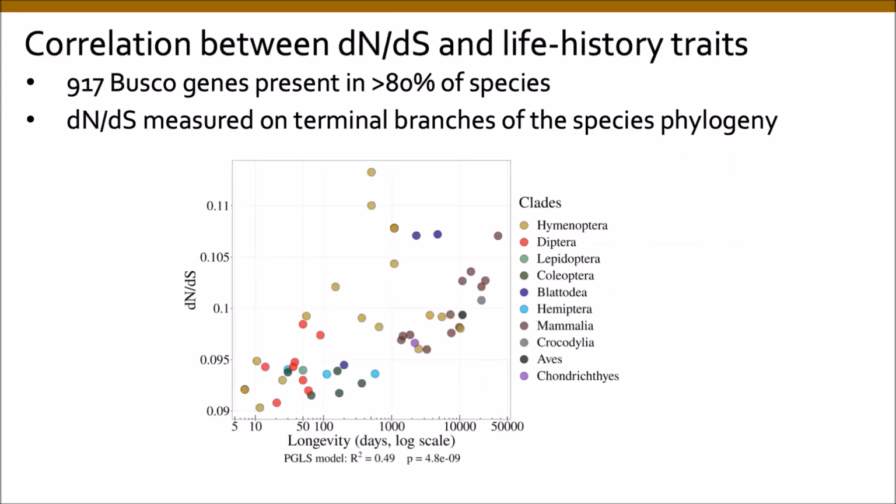And here it's just to show that these different proxies of effective population size are correlated with each other. So here it's a correlation between dN over dS and longevity across the 53 species that we analyzed.